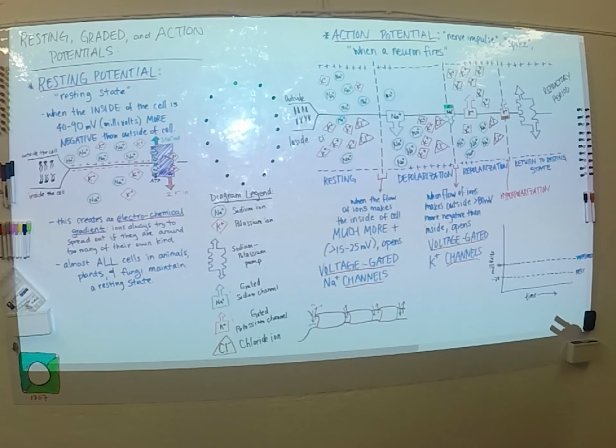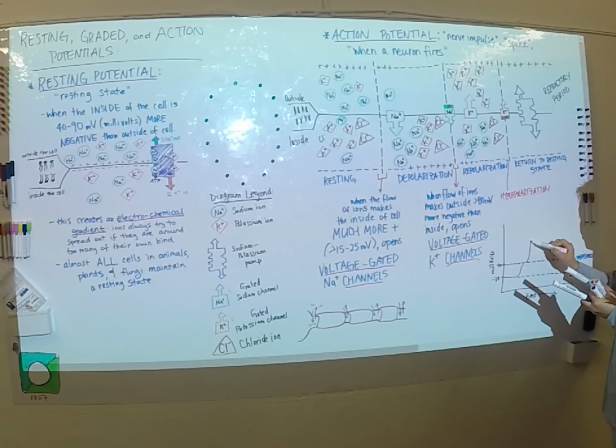So what the electrical potential is going to look like is, first we're hanging out at resting state, and then something manages to push the inside of the cell much more positive, okay? And then we get a huge rush of sodium ions in.